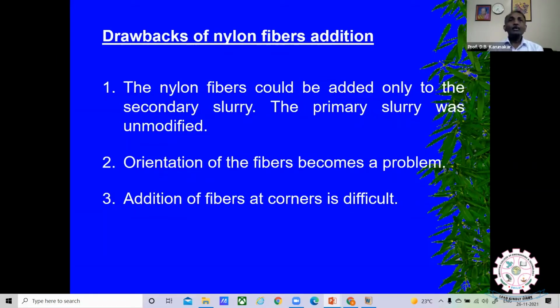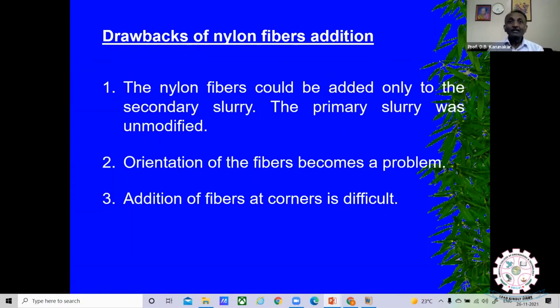Initially, the pattern will be dipped inside the primary slurry once or twice. So a fine, thin layer is created around the wax pattern. This coating is mainly meant for making a fine surface finish around the surface of the pattern.